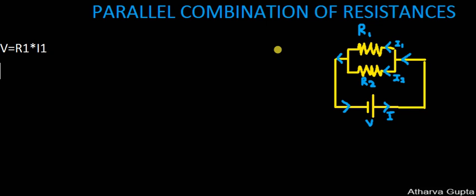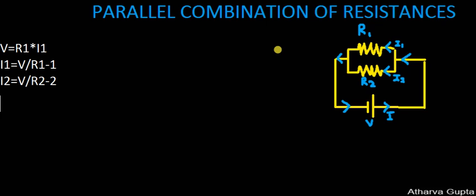So from here we get the value of I1 to be equal to V upon R1. Similarly, we'll get the value of I2 to be equal to V upon R2. Let this be equation 1 and this one be 2.